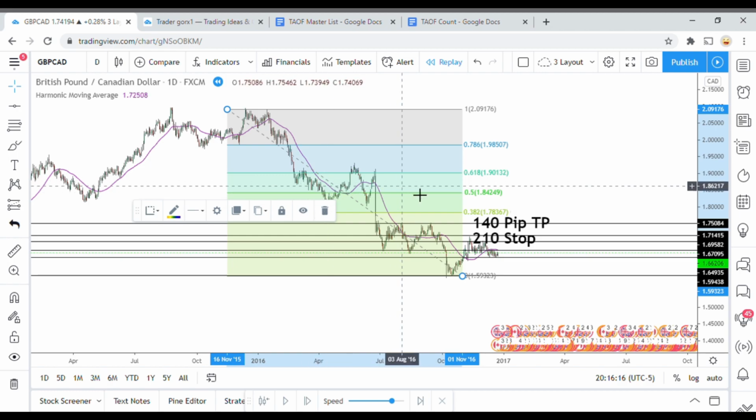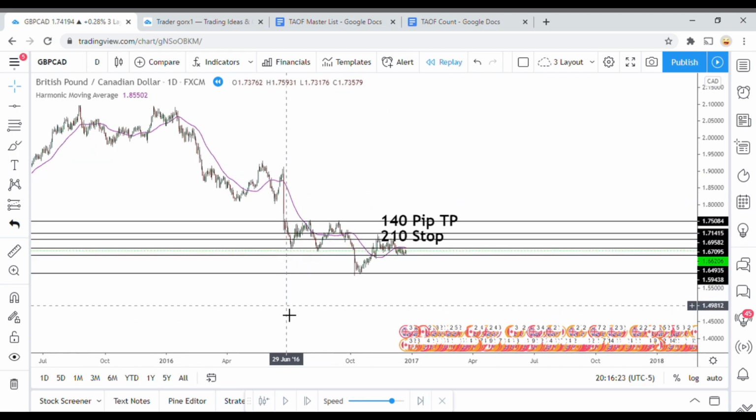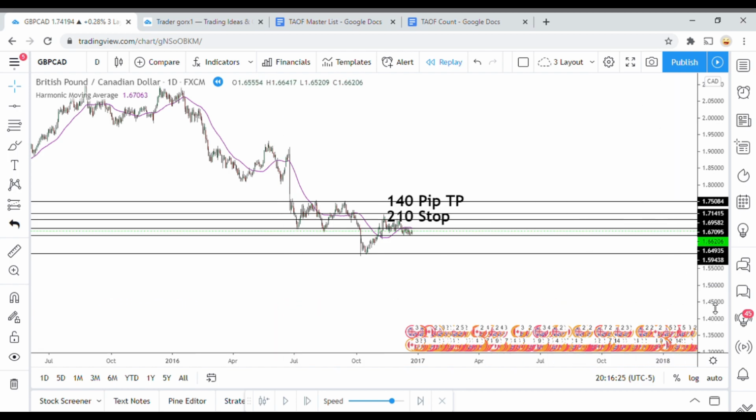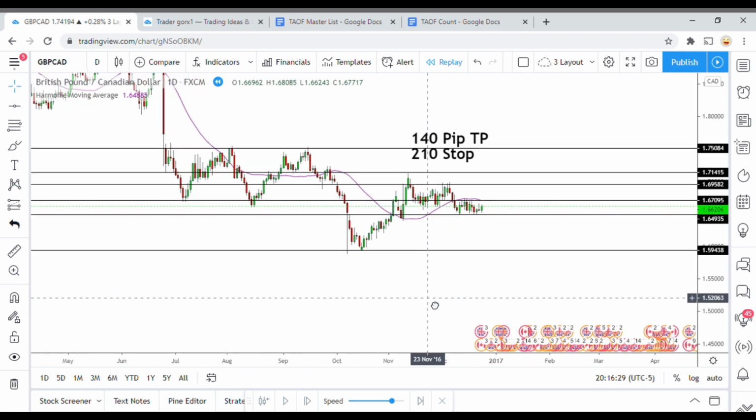When you get this far out, though, those lines become extremely spread apart, and so they may not work quite as well. Or what you can do is do them off of small areas as well.